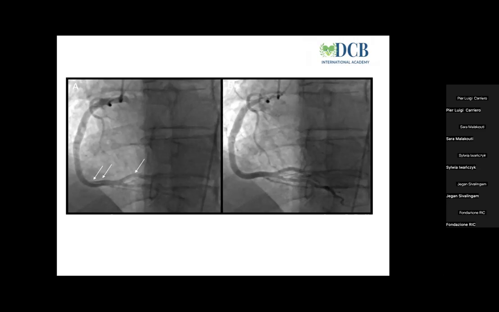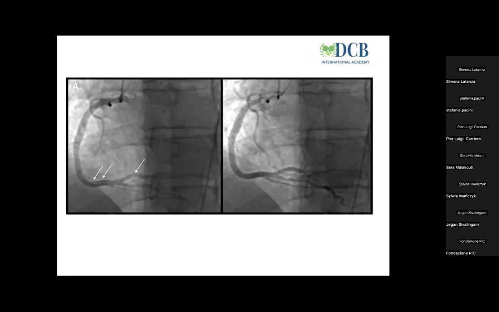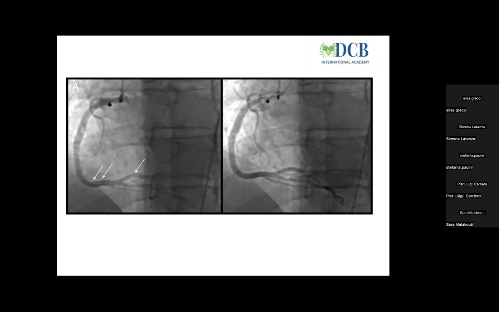Yes, maybe. Anyone, what is your interpretation of this? Jagan, what do you think? Other ideas, Sylvia? In the first image, it looks like a linear dissection, type 2 SCAD for example, in the distal segment of the coronary artery, and it's not visible in the second injection.